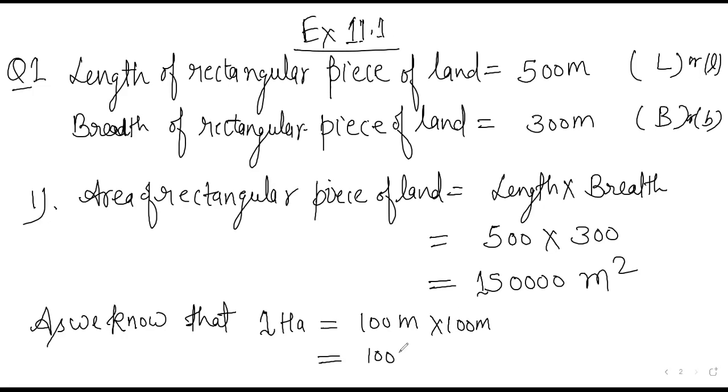So its area will be coming in this way 10,000 meter square. यानी कि 1 हेक्टेयर जो पीस ऑफ लैंड है रेक्टेंगुलर फॉर्म में या किसी भी फॉर्म में हो, मतलब 100 बाय 100 मीटर की जो लैंड होती है उसको हम लोग क्या बोलते हैं, 1 हेक्टेयर. तो आप जब सिंप्लीफाई करोगे इसको क्या आएगा, 10,000 मीटर स्क्वायर.